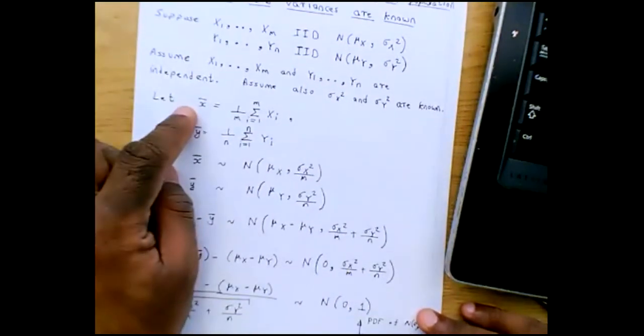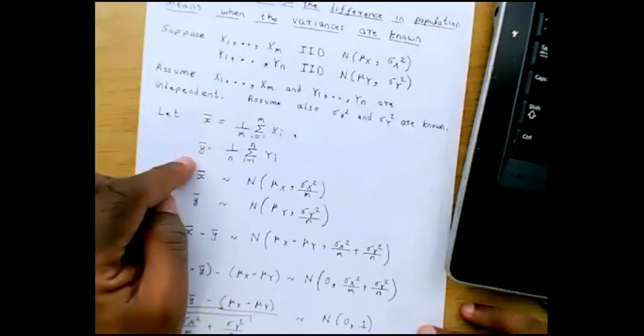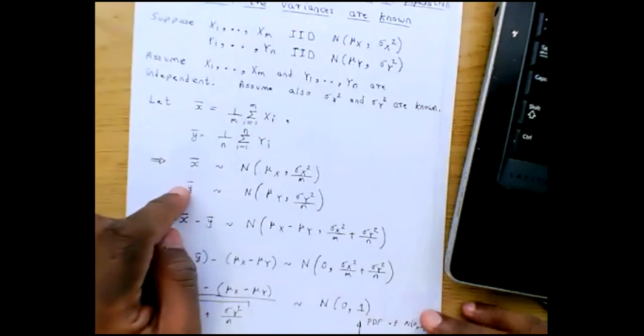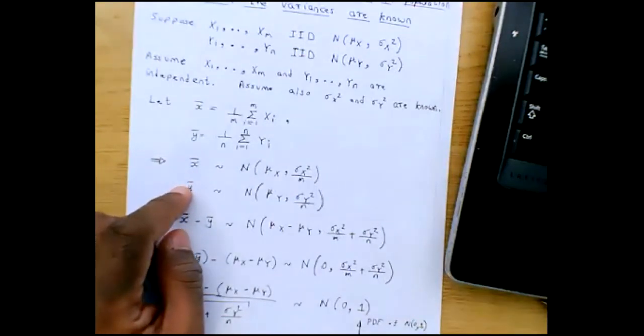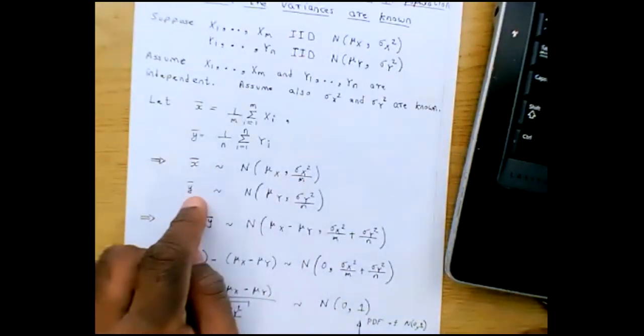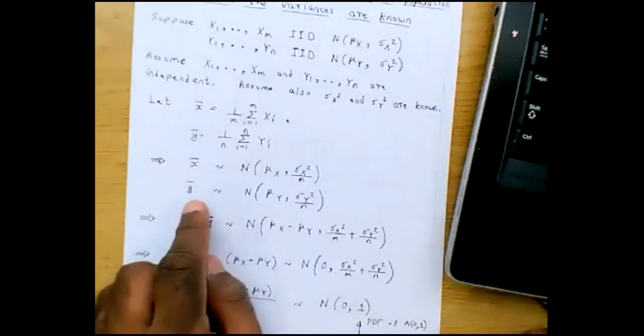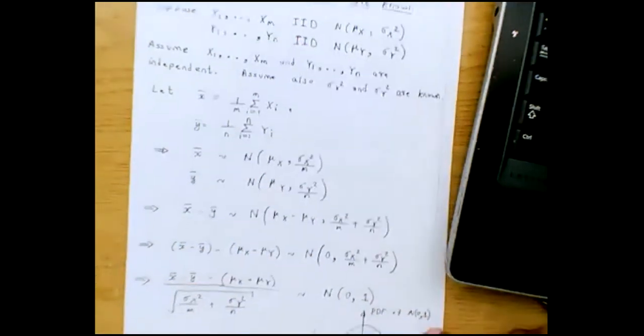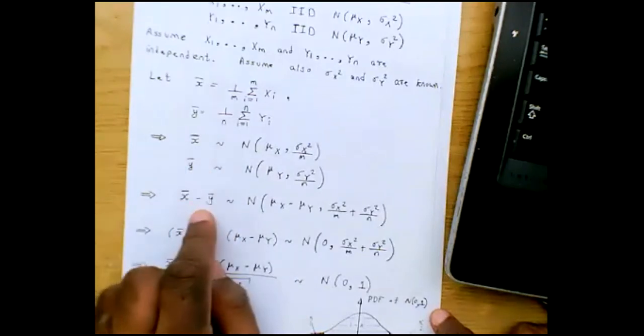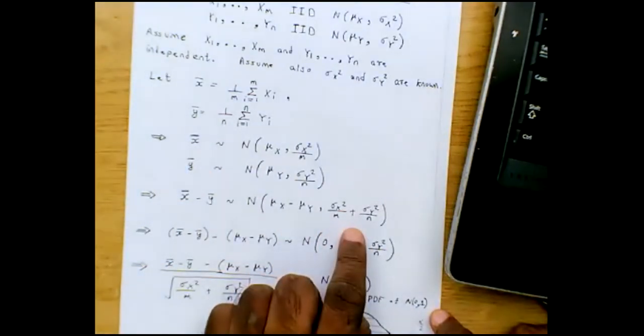Let X bar denote the sample mean for the first sample, Y bar for the second sample. You know from the video on the normal distribution that X bar has a normal distribution with these parameters, Y bar has a normal distribution with these parameters, so the difference will also have a normal distribution with these parameters.